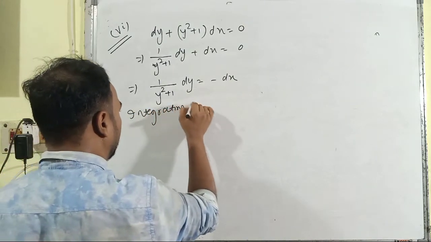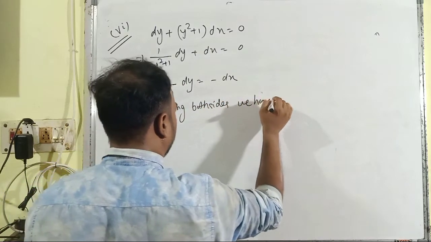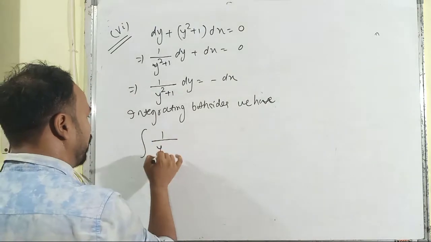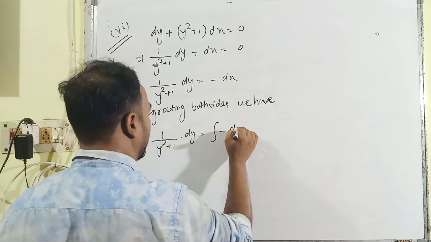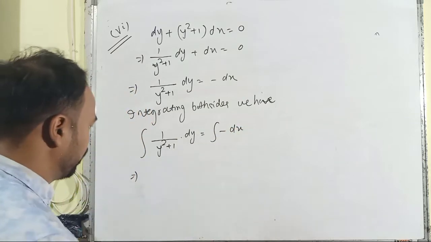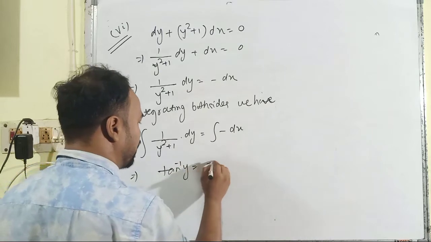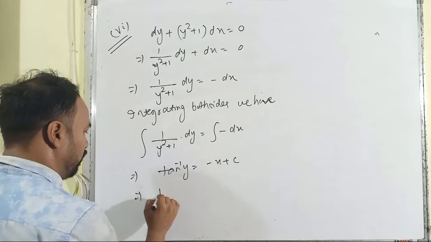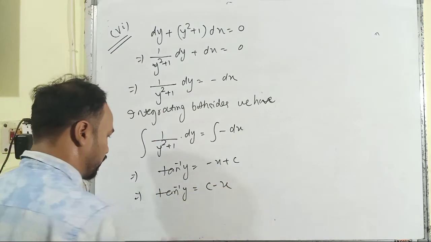Integrating both sides, we have integral of 1 over y square plus 1 with respect to y is integral of minus dx. Then it becomes tan inverse y is minus x plus c. Okay, you can also write it as tan inverse y is equal to c minus x.